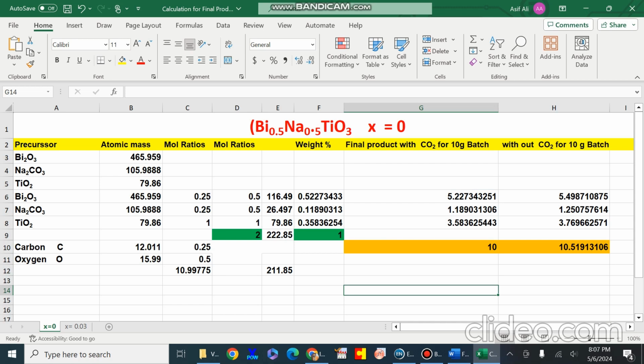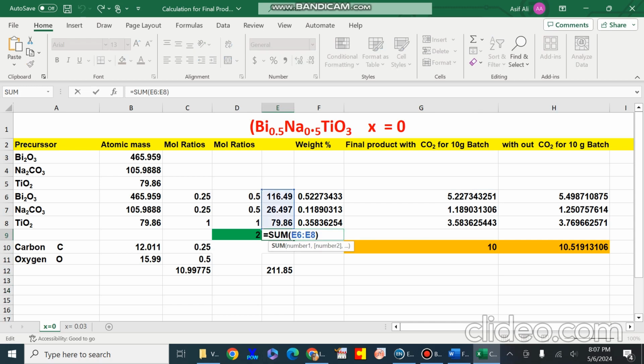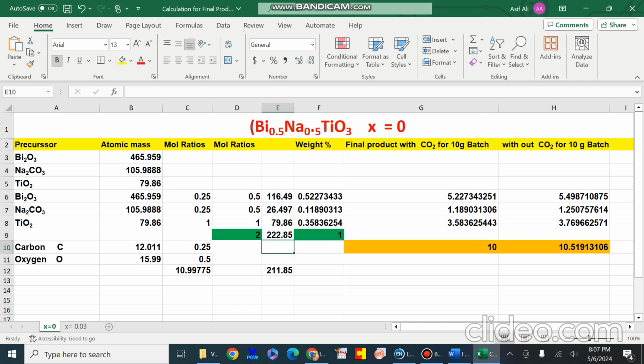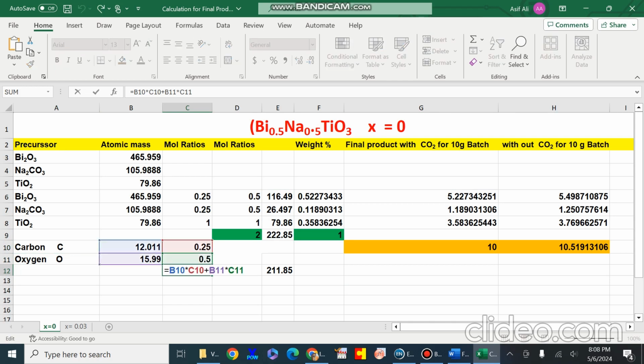For example, this is the total formula mass for the constituent, but as we know from the balanced chemical equation, we have 0.25 concentration of the calcium and we have 0.5 concentration of oxygen on the right hand side. So we can also measure their atomic masses in order to know about their formula mass.